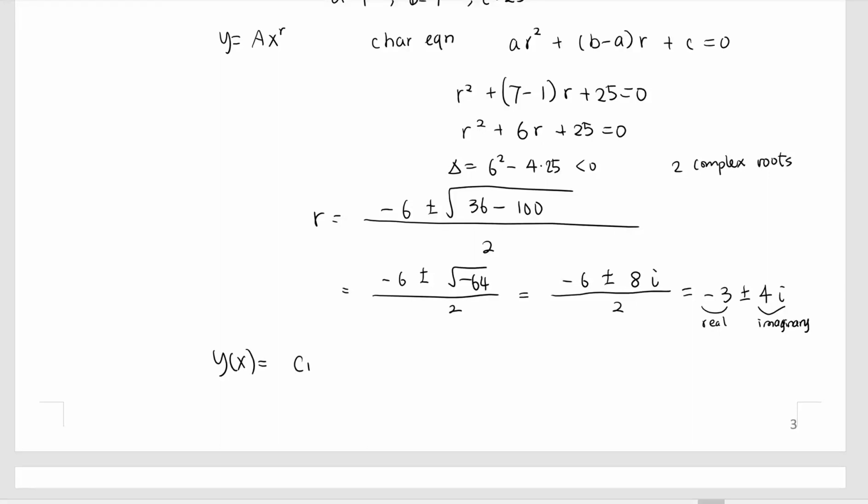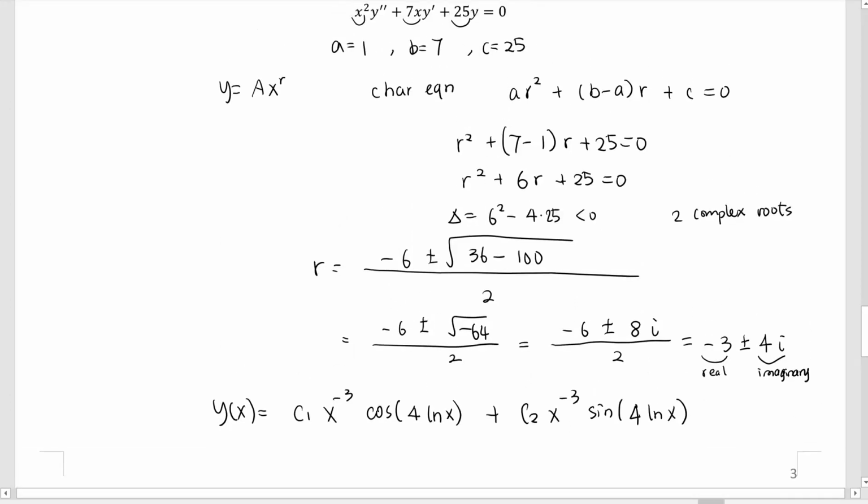Our formula is C1 x to the alpha, alpha is negative 3, times cosine of beta, beta is 4, ln of x, plus C2 x to the minus 3 sine of 4 ln of x. You can see cosine and sine always come together, like a pair, like a couple. All right, so that is example 3.